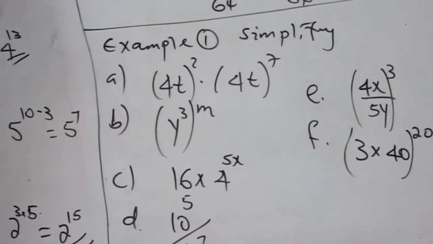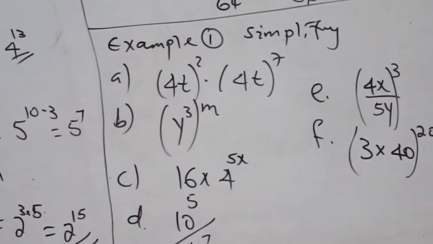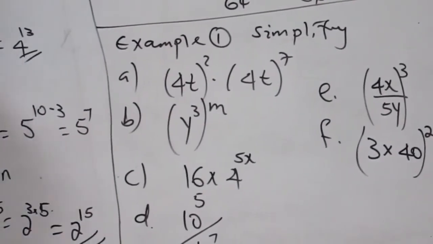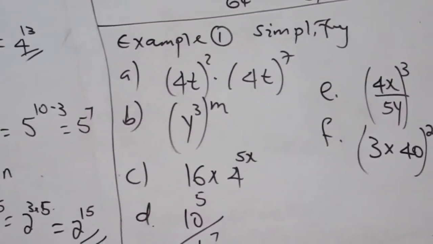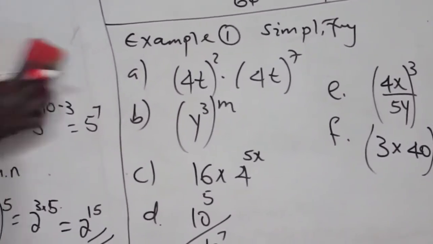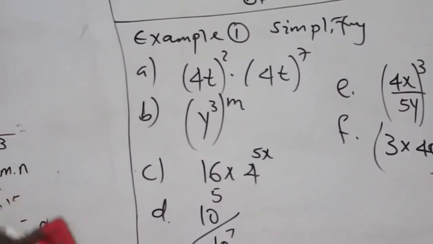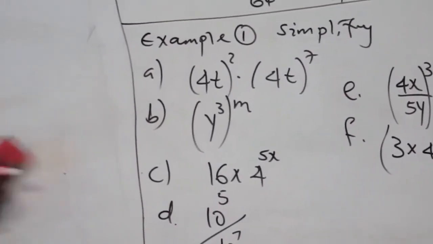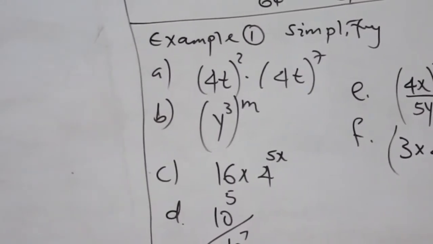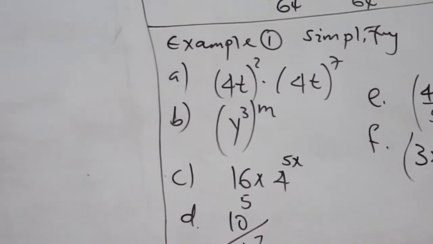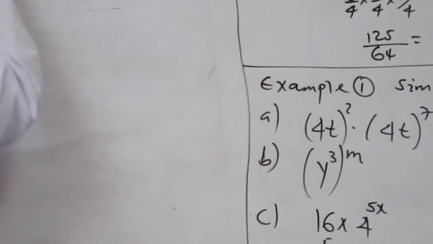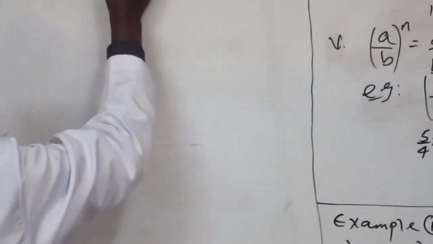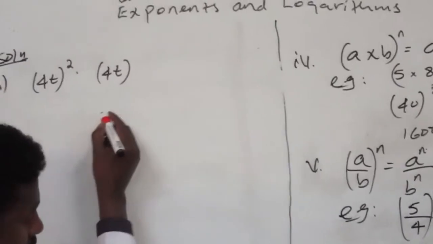Let me solve one by one, using the easiest applicable method of solving exponents. Let's start from A. Solution A: 4t to the power of 2 times 4t to the power of 7.